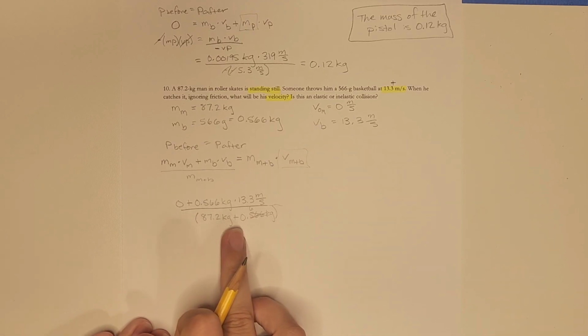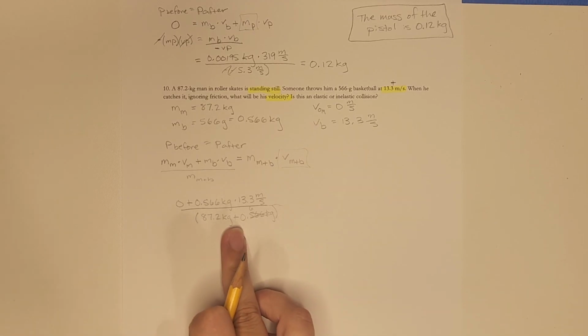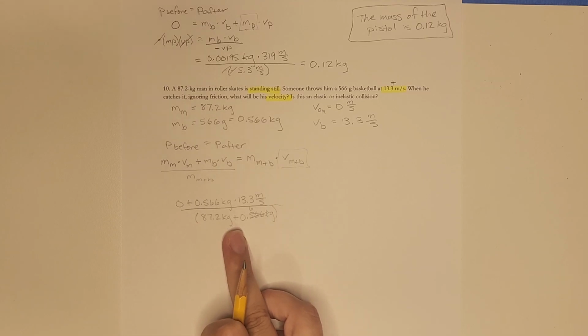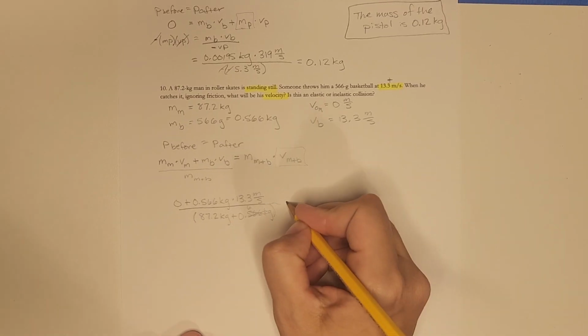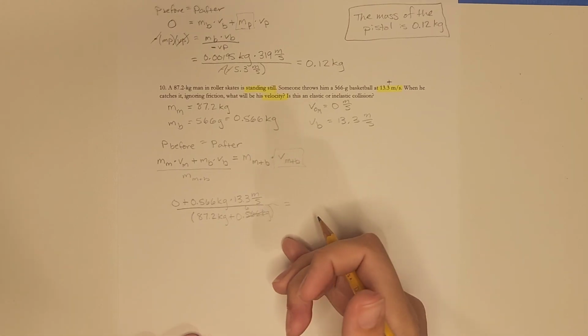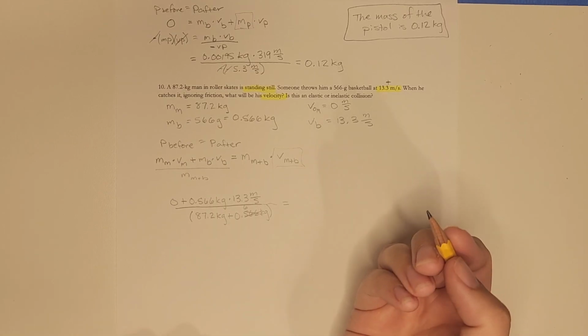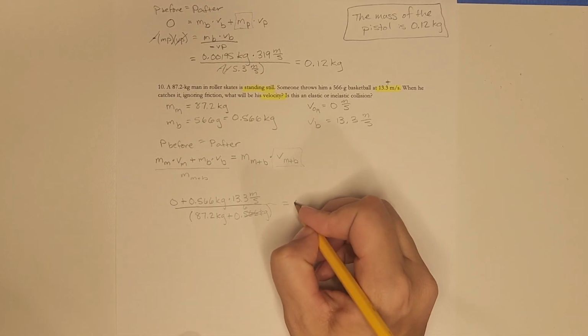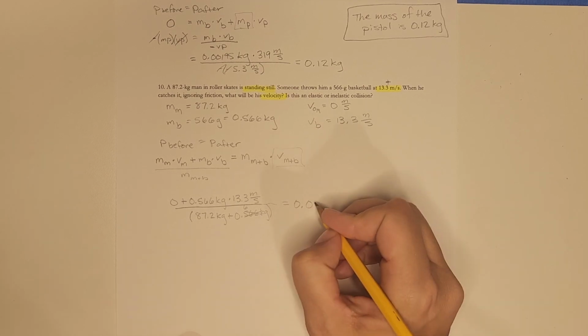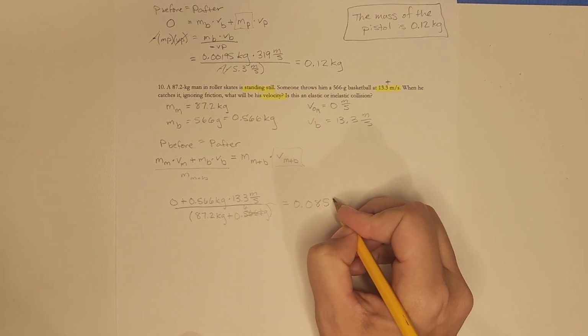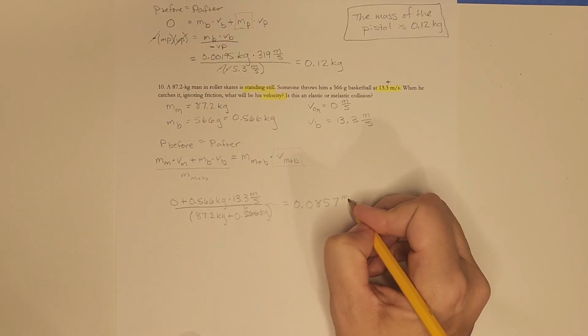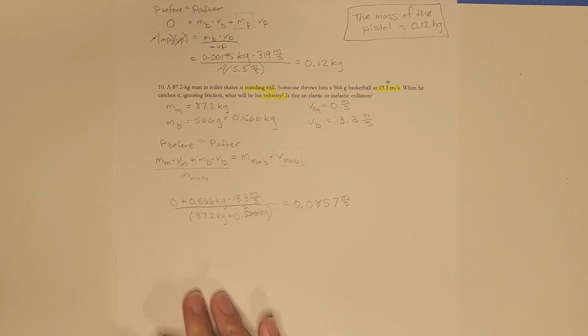Okay? And so we'll get 87.8 there that we are dividing this by. Okay? So when we do all that, then we will get 0.0857 meters per second. 3 significant figures here.